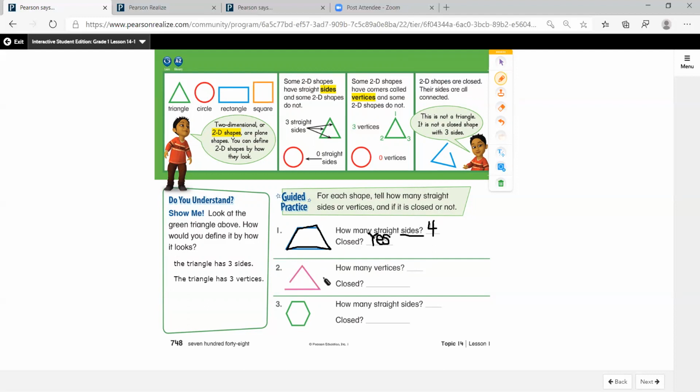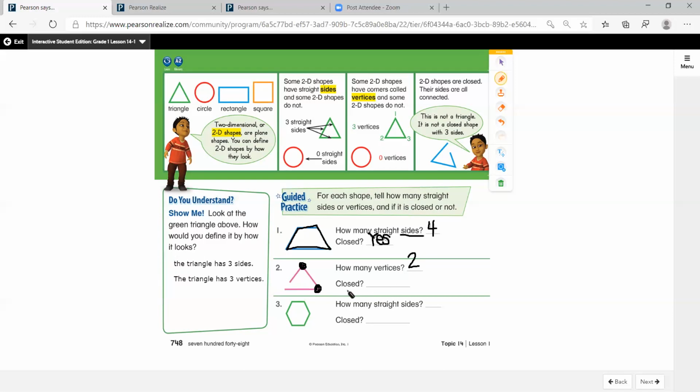Number 2 is asking how many vertices on the purple shape. Remember, vertices are corners where two sides meet. So if I count my vertices, I see 1 here, corner where these two sides meet. I see 1 here, a second corner where these two sides meet. So this shape has 2 vertices.